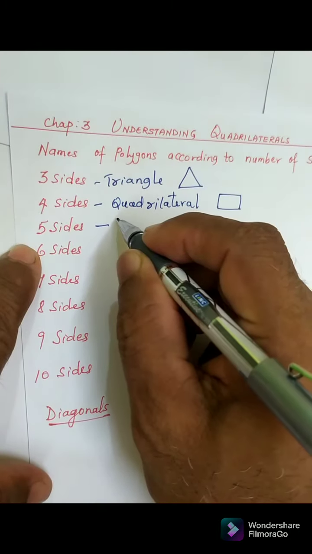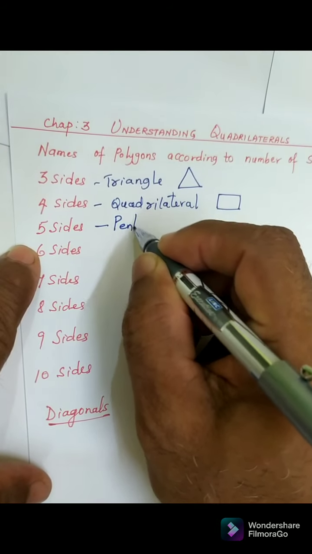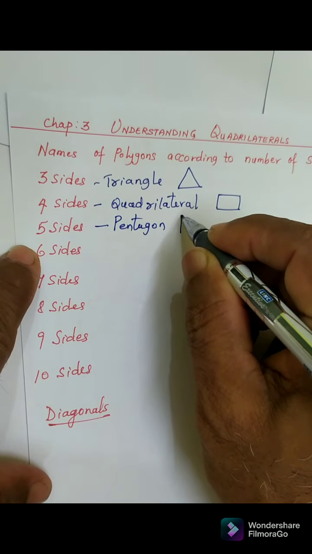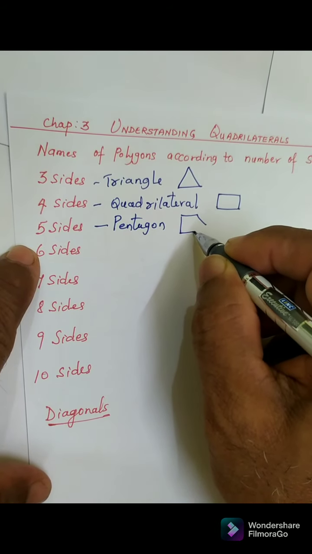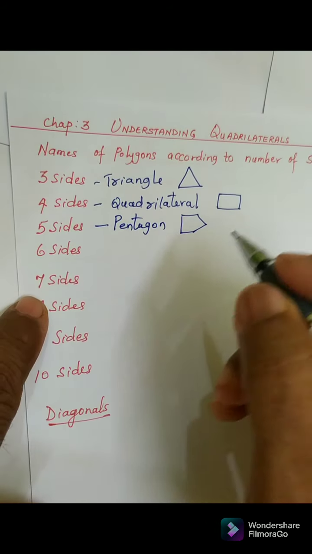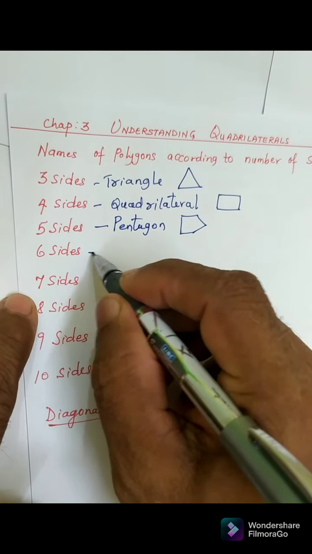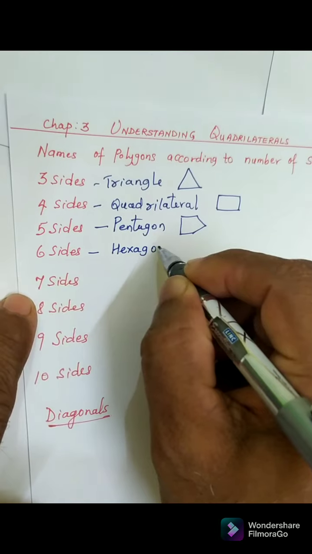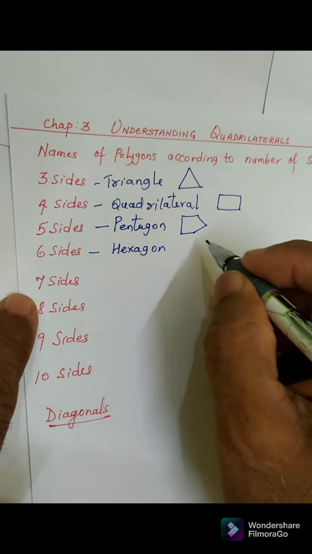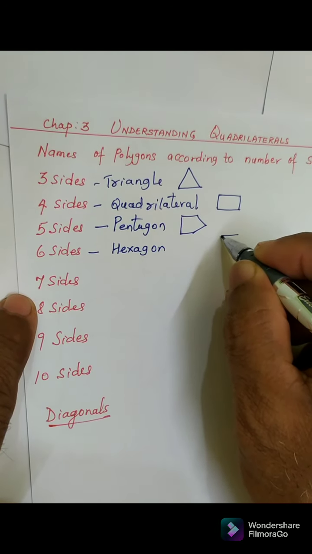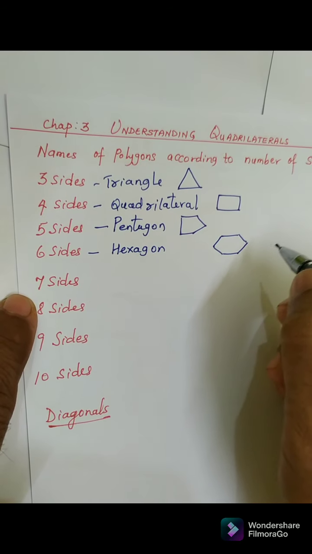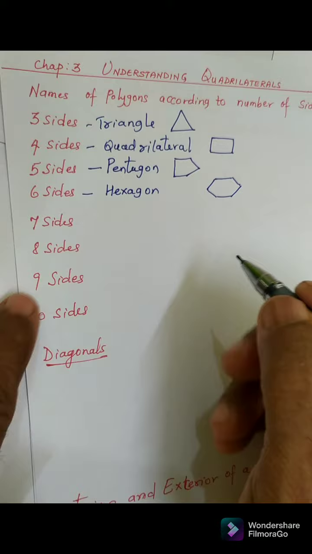If there are 5 sides, we call it a pentagon, like this one. 6 sides, it is a hexagon, like this.